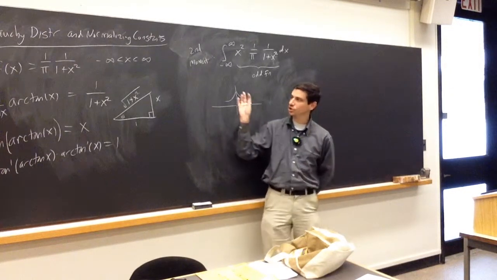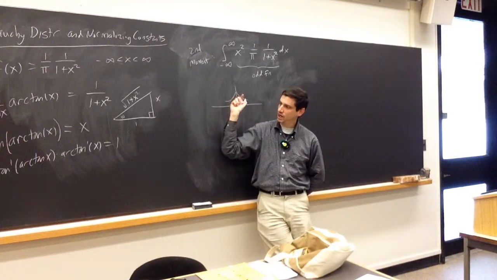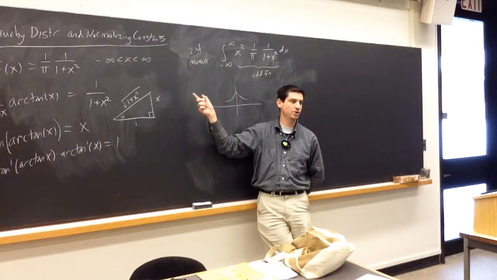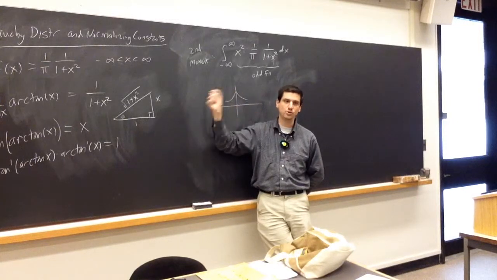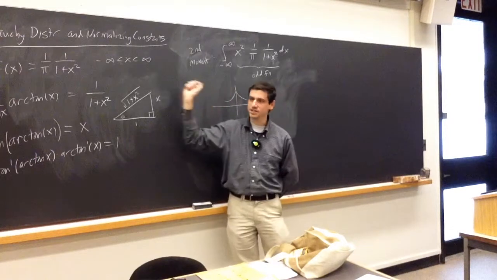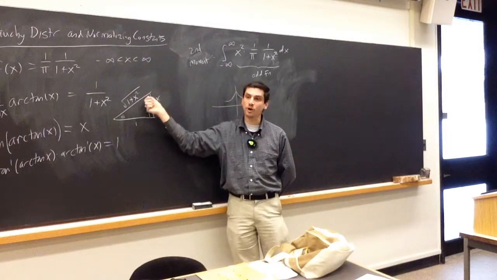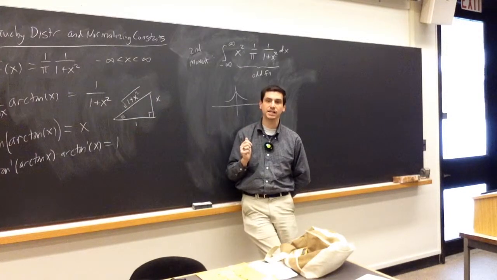So the Cauchy distribution, there's a lot we can learn from it. There's a huge amount of work being done on the Cauchy distribution now in terms of how you should model the real world. And there's a lot of people who say that the Gaussian and random walks, these central limit theorem arguments, are not good models for the real world. They do not give high enough probabilities of unlikely events.